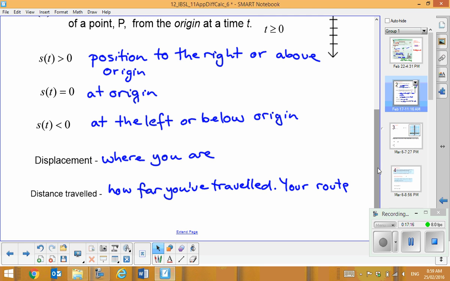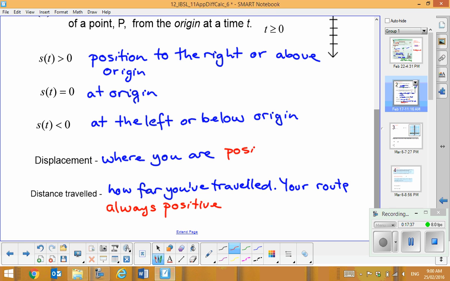No, you don't put it negative. No, it's always positive, because it's always telling me how far I walked. All right? So this one is always positive, whereas our displacement can be positive or negative.